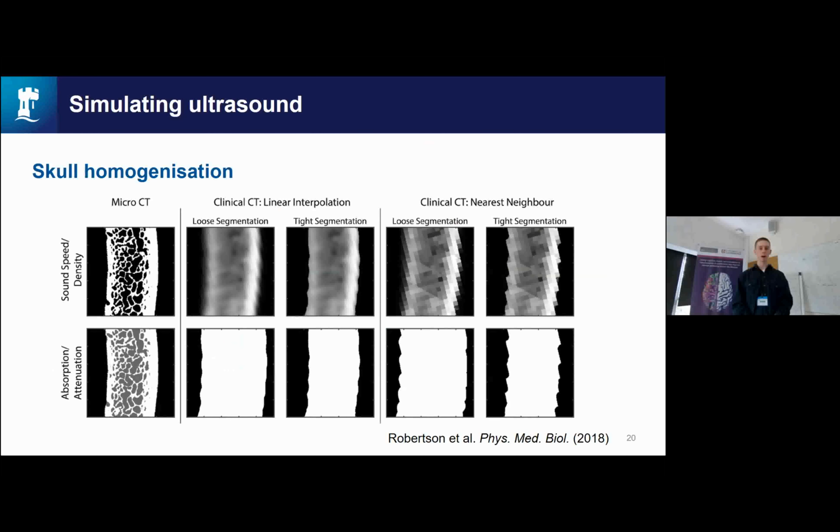So what we get from an MRI scan is essentially a segmented binary map of the skull, and it looks a bit like this bottom image, where it's just a single tissue type, and all we can do is assign average skull density values, skull speed of sound and everything. We can't really describe the detail that the actual bone has.